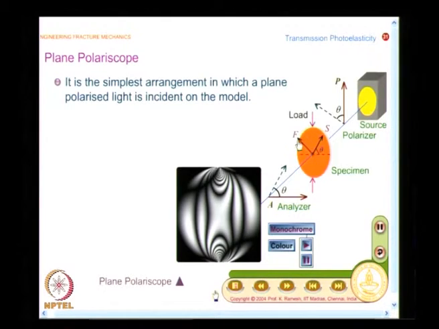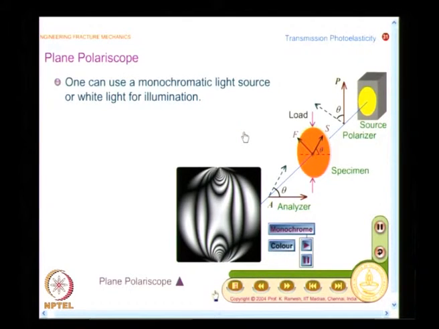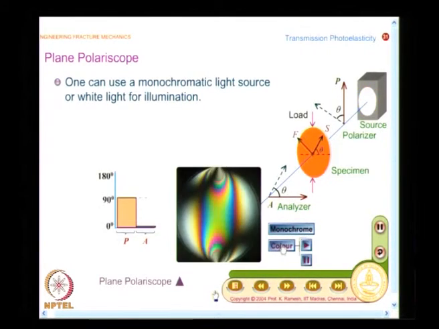Then what do you find here? One can use a monochromatic light source or white light for illumination. So, instead of a monochrome light source, I can also put a white light source, which is nothing but a light source of multiple wavelengths.